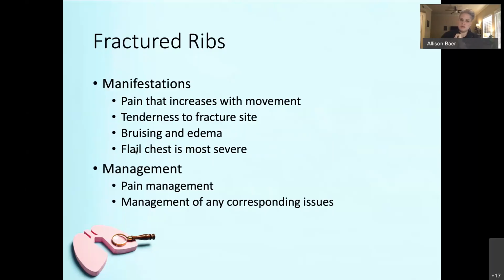It's going to bruise the lungs underneath. But you're going to see that paradoxical chest movement with that. So if you have a question about some type of trauma and one section of the chest is going in when the rest goes out, or vice versa, that's probably flail chest. So you're going to want to do pain management and then just monitor them.